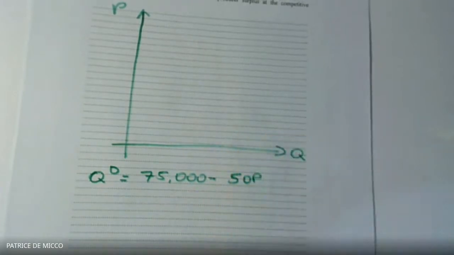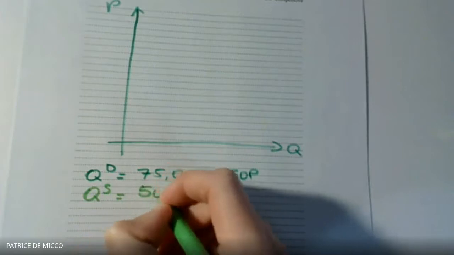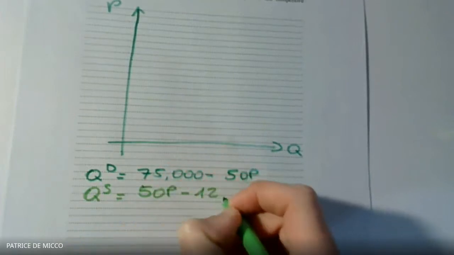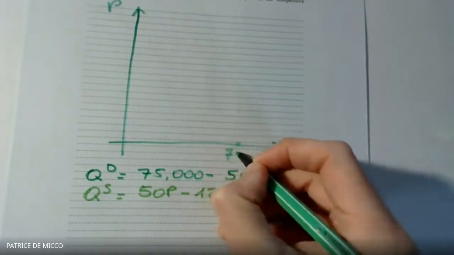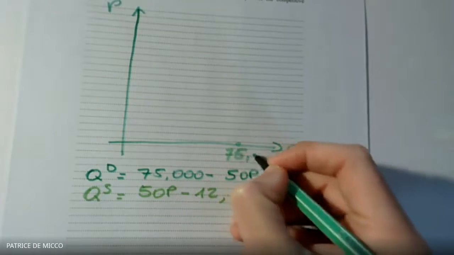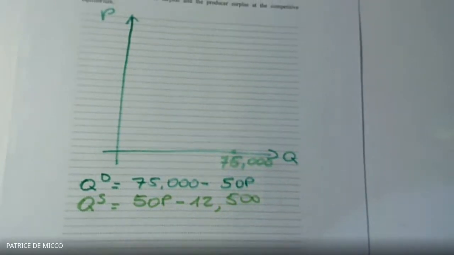And then you have QS that is equal to 50p minus 12,500. As usual, we graph these lines because they are lines, computing the intercepts. So for the demand, the horizontal intercept is obviously 75,000.